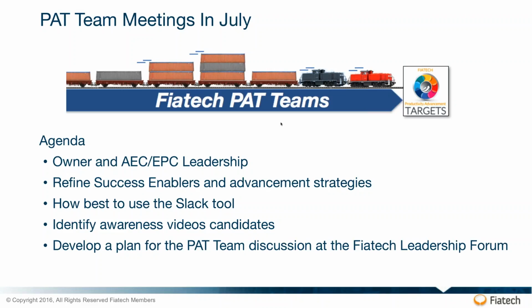In July we're going to have the productivity advancement target teams forming more strongly and oriented to each one of the PATs. So this is the agenda that we're probably going to be pursuing. We're looking forward to you getting involved and also communicating within your organization to get more people involved.